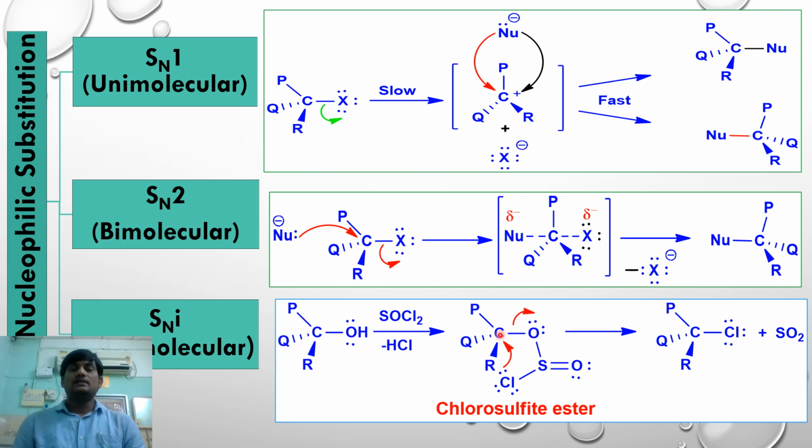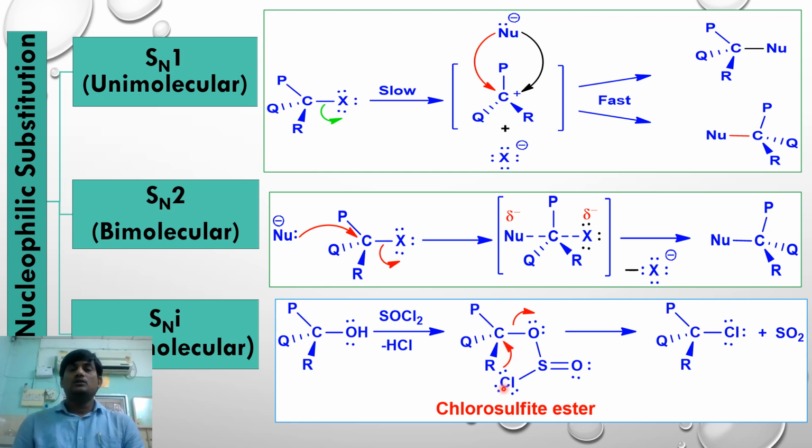This chlorosulfonate ester decomposes to chlorine substituted compounds or alkyl chlorides and also SO2. In this mechanism, the nucleophile, that is chlorine, attacks the reaction center from front side. That's why here there is a retention of configuration.